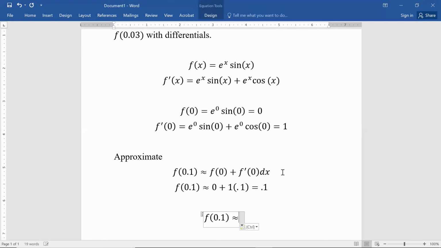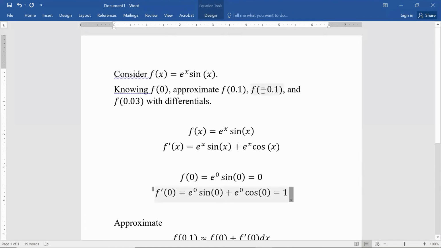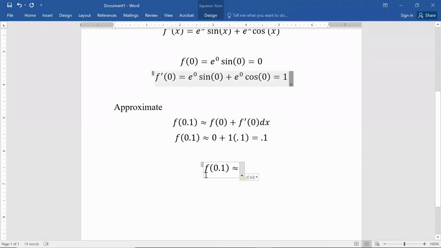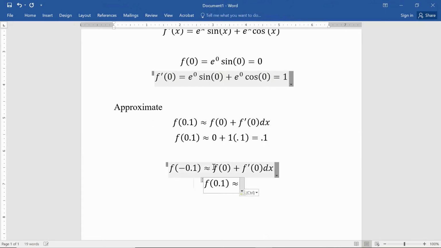How about f of negative 0.1? f of negative 0.1 is approximately f of 0 plus f prime of 0 dx. Our differential there is negative 0.1 because from 0 down to negative 0.1 is a change of negative 0.1 with respect to x.